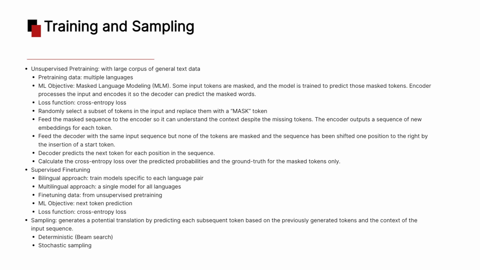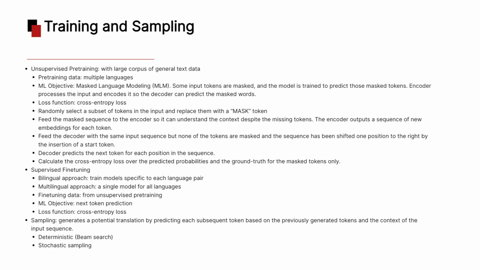Supervised fine-tuning. After pre-training, the model undergoes supervised fine-tuning to specialize in translation. There are two common approaches: bilingual models, trained specifically for each language pair, focusing on maximizing accuracy for that pair. Multilingual models, which handle multiple language pairs within a single shared model, promoting parameter efficiency and cross-lingual transfer learning.